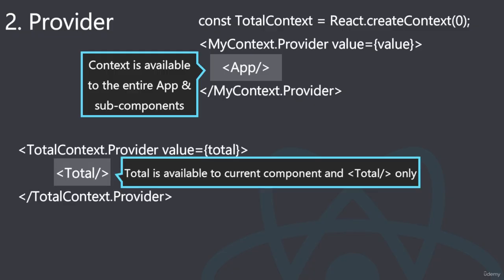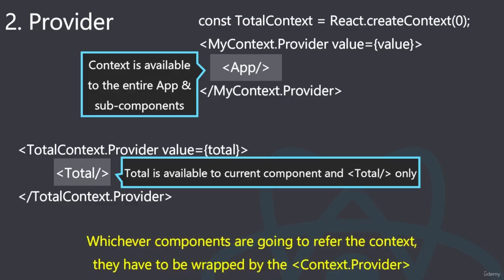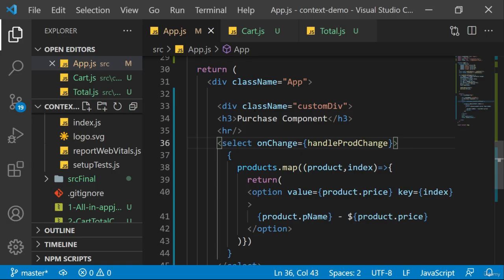And in this case, the total component is wrapped by the provider. It means the value total is available to the total component with the help of context API, but not to the other components. So do make sure that whichever components are going to refer the context, they have to be wrapped by the provider. Now let's go to the coding and start implementing this provider component.